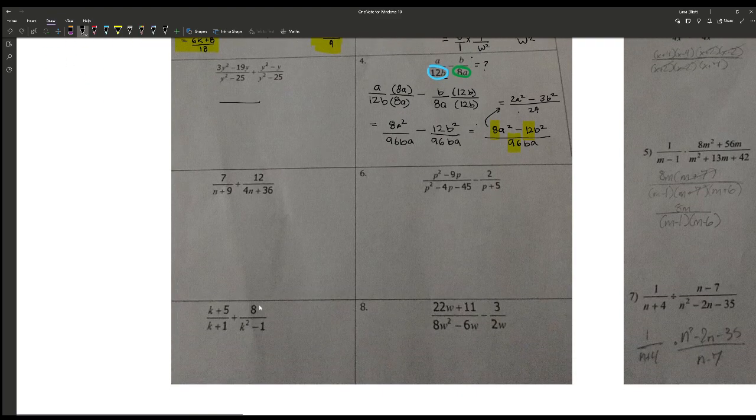So as you can see here, it's going to be a similar process. Let's see.